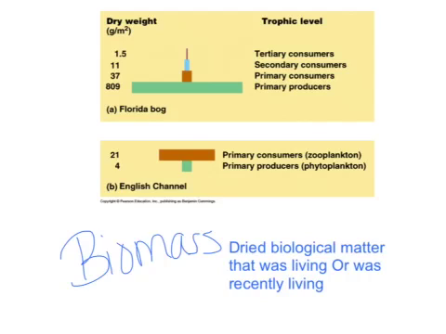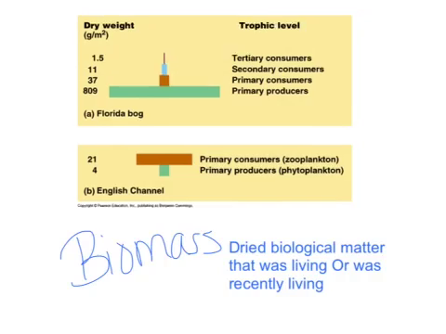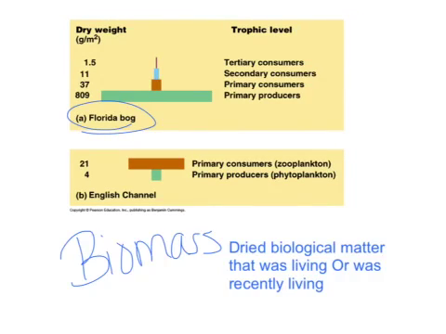So in these biomass pyramids, the first one up top here, this is a Florida bog. And so you can see the primary producers here have the largest biomass. In the English Channel, however, your primary producers have a very small biomass, especially compared to the consumers, which seems kind of contradictory to what you would normally think.